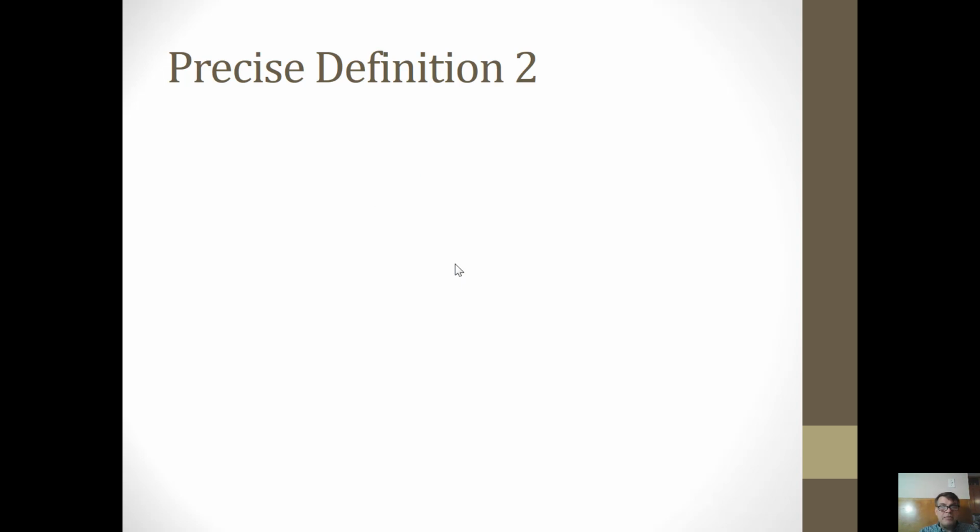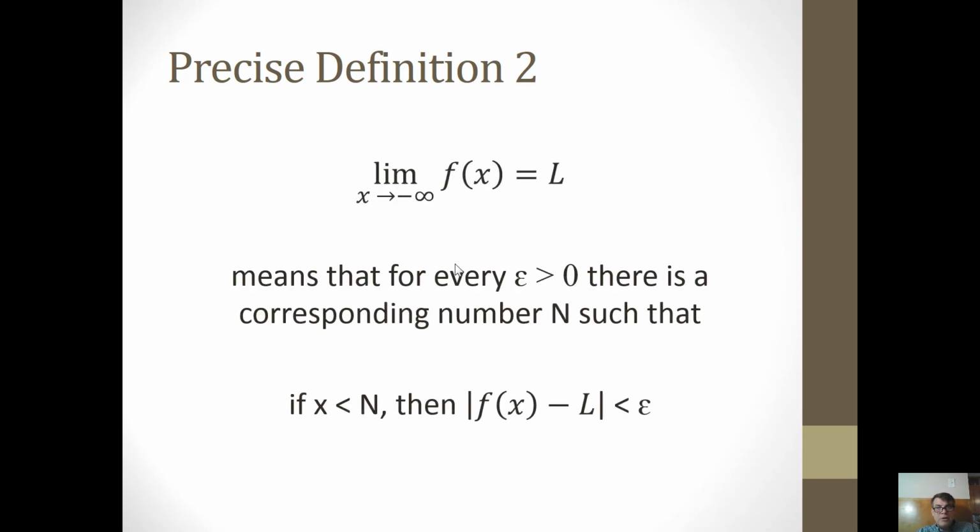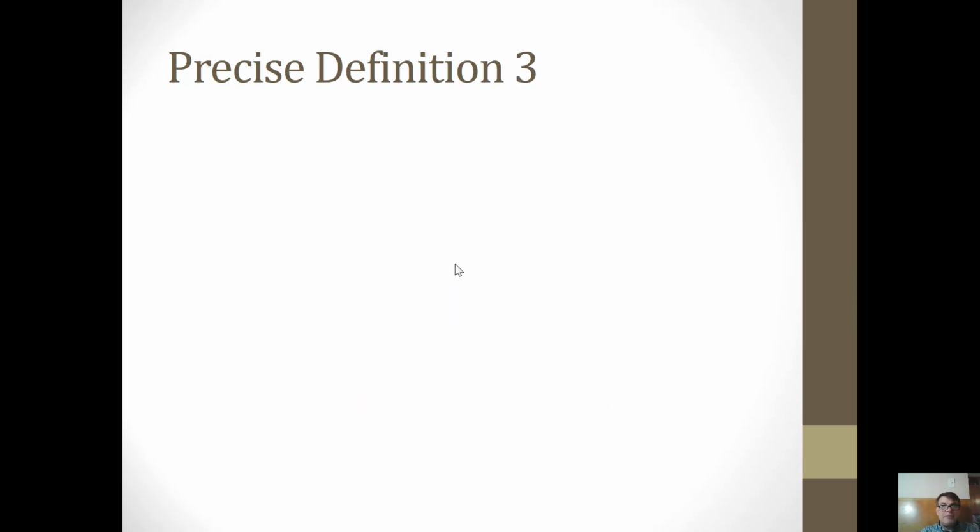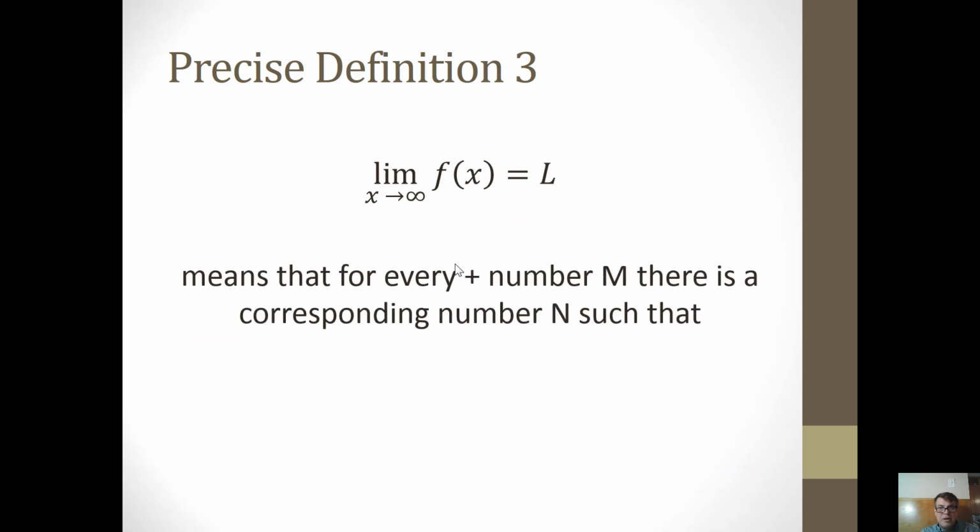Okay, same thing, this is the negative version. Basically, the limit as x approaches negative infinity means that no matter how arbitrarily small we make epsilon, we're going to be able to find a more negative number that gets even closer to the limit. And then finally, precise definition 3 has to do with the limit as x approaches infinity.